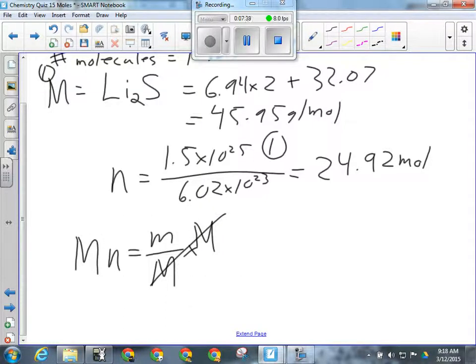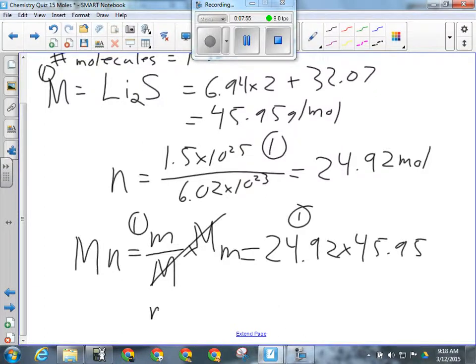Actually, this is going to be out of 5 marks, not out of 4. Okay, give them a mark for the manipulation. Then they're going to plug in their numbers, so little m is going to equal 24.92 multiplied by 45.95, our molar mass. Give them a mark for that.